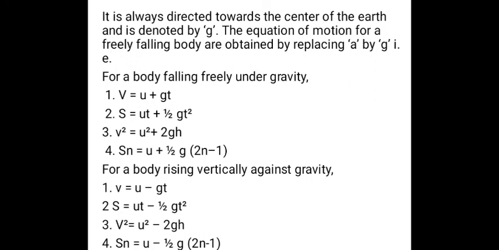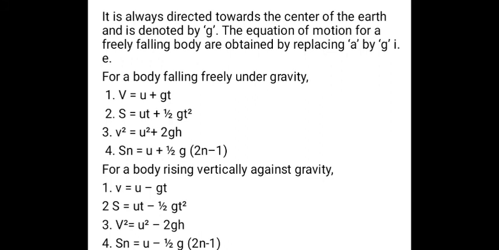So the equations of motion for a freely falling body are obtained by replacing small letter a by small letter g. For a body falling freely under gravity, the first equation v is equal to u plus at becomes v is equal to u plus gt.